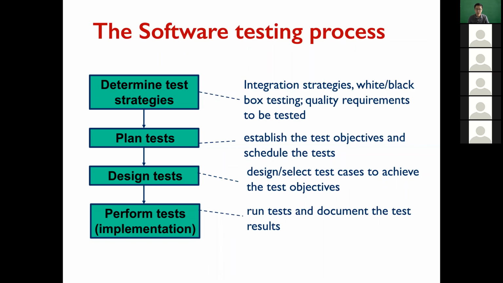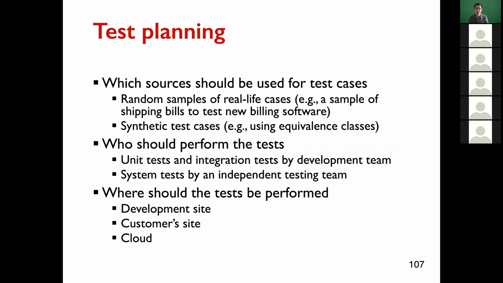First, test planning. In the step of test planning, we want to determine which sources should be used for test cases. These sources are usually about the input of the tests, right? Either we can use a random sample of real life cases.